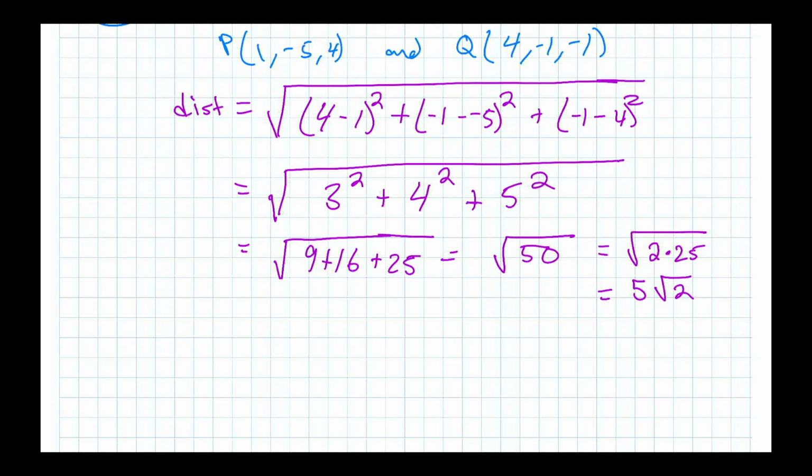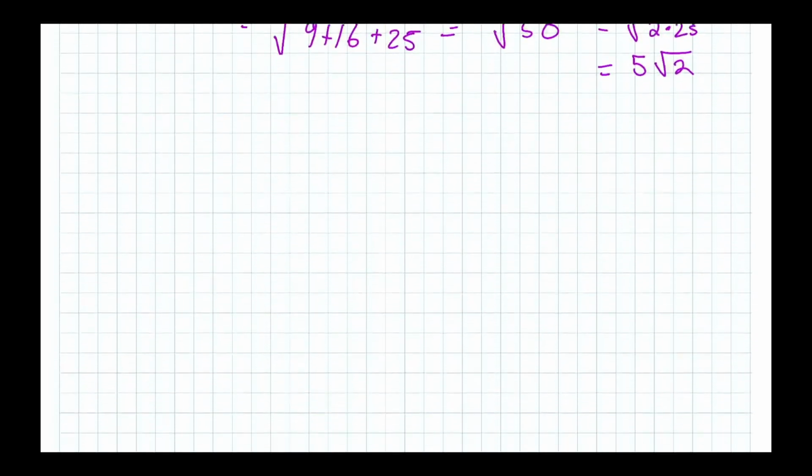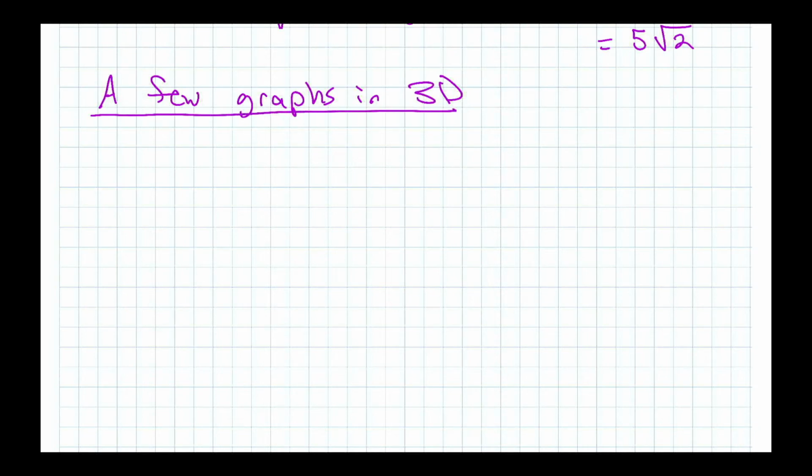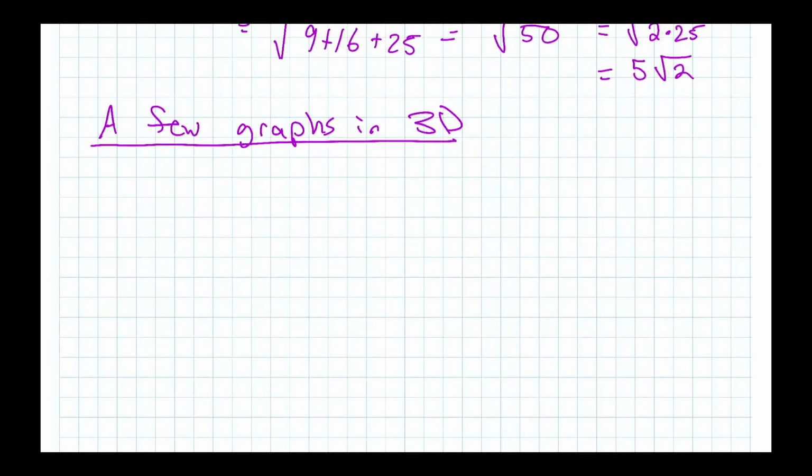What else can we talk about? So we can talk about some simple graphs. We cover these in more detail later, but a few graphs in 3D. Okay. So first is a comment on lines.